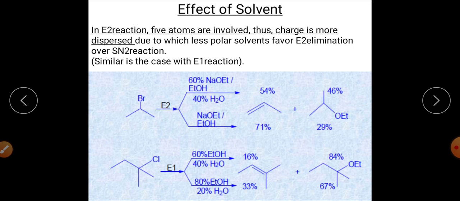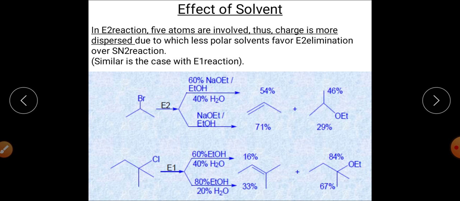The fourth parameter that affects the elimination versus substitution ratio is the solvent effect. When we talk about the solvent, we must know that the polar protic solvent will favor the E1 and SN1, and the polar aprotic solvent will favor the E2 and SN2.